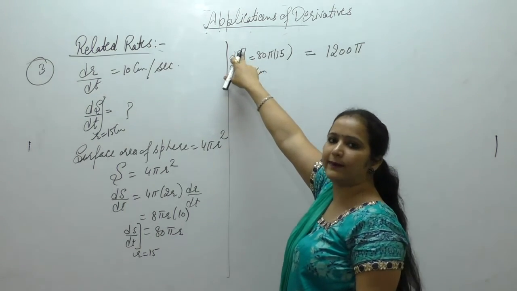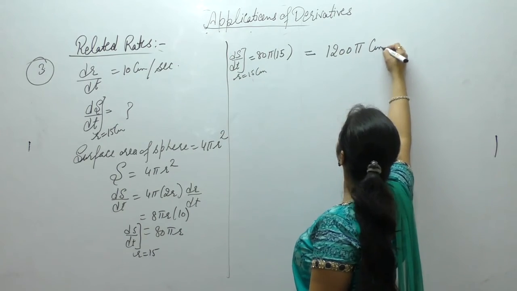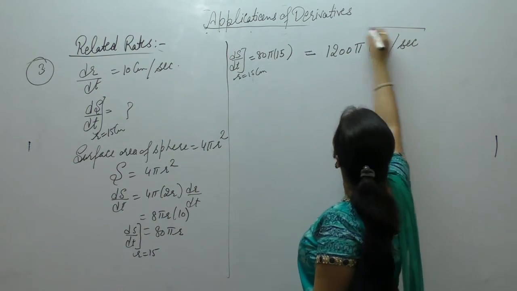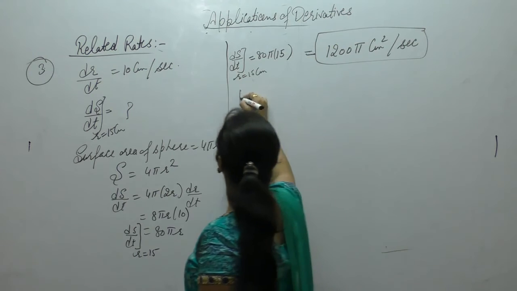Surface area is in centimeter square and time is in second, so centimeter square per second.